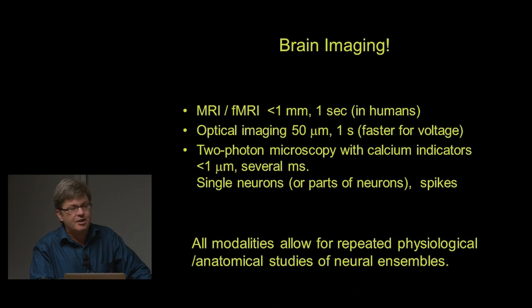First is the kind of brain imaging that's by far the most known in the popular press and in popular science television shows, etc. It's magnetic resonance imaging, or MRI, or functional MRI.